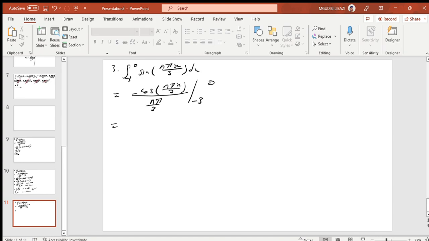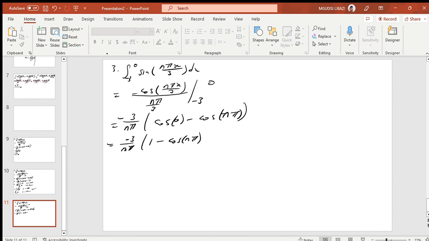And then what we're going to do now is substitute the higher limit, which is 0. So we can take 3 over n pi, and then let's take negative cosine. Now when we substitute 0, we're going to get cosine of 0. When we substitute negative 3, you're going to get cosine of n pi. So that is what we have there. After that, we can say this is equal to negative 3 over n pi times 1 minus cosine of n pi.